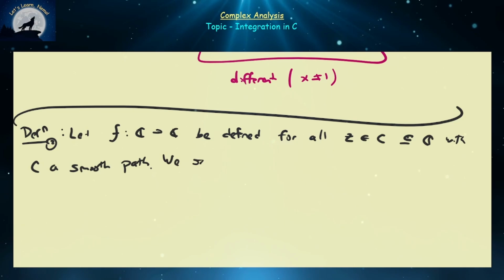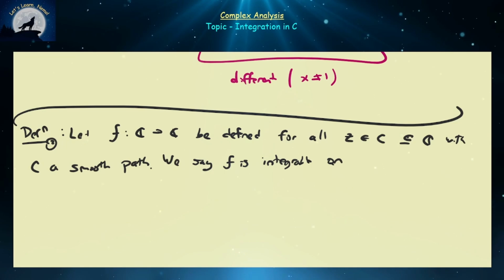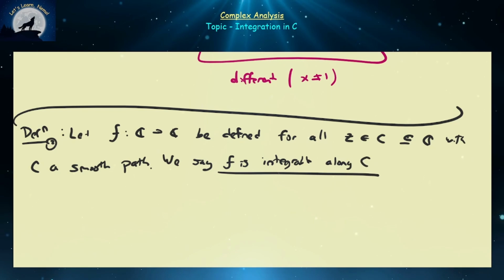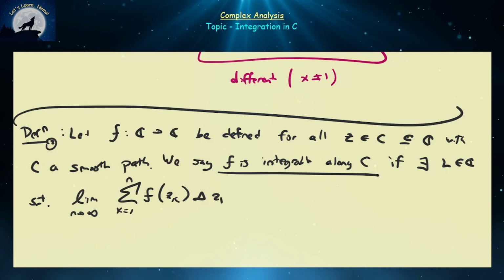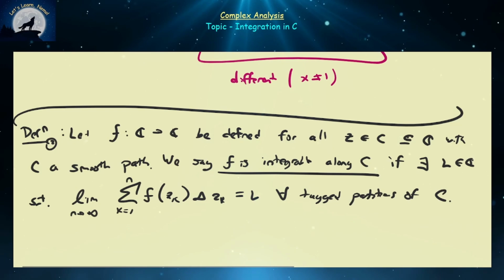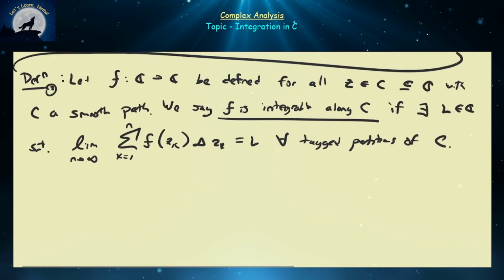Then we say that f is integrable along C if there exists some number L in the complex plane, representable by a limit similar to Riemann sums, such that the limit as n goes to infinity of the sum from k equals 1 to n of f of z_k delta z_k is equal to L, and this has to be true for all tagged partitions of C. This is just a truncated version of the definition of what it means to be Riemann integrable along C.